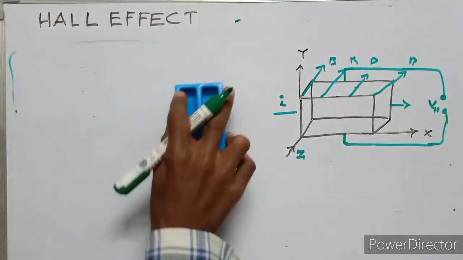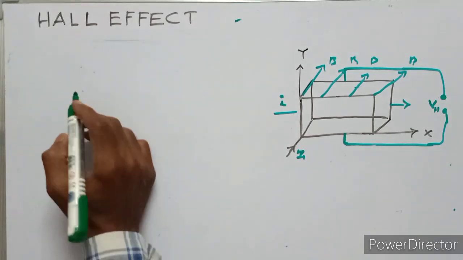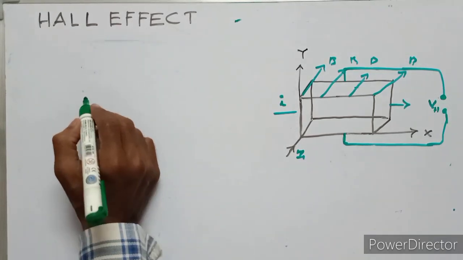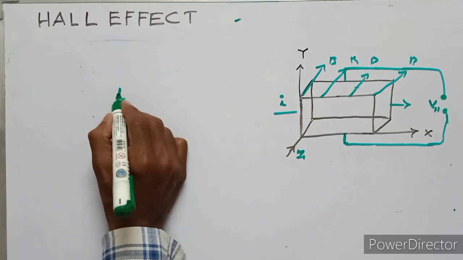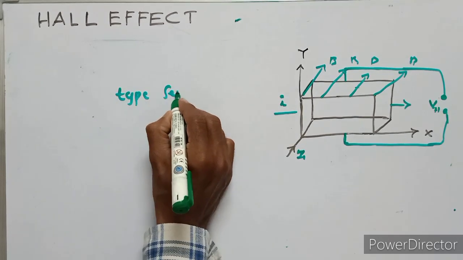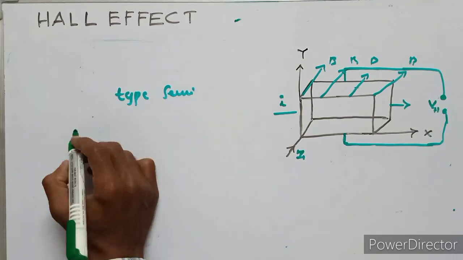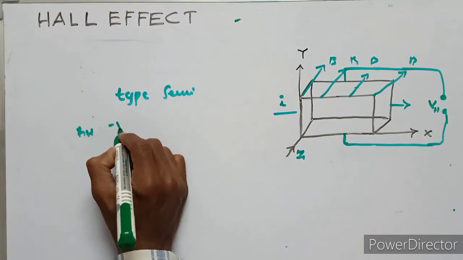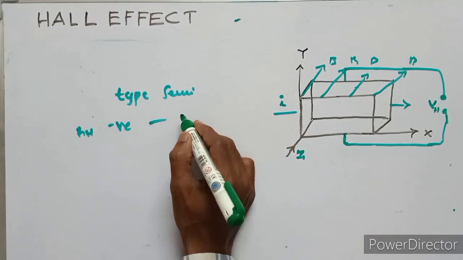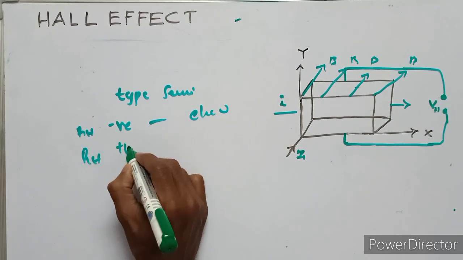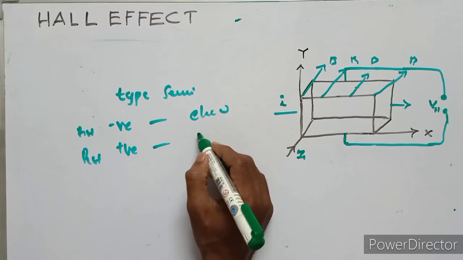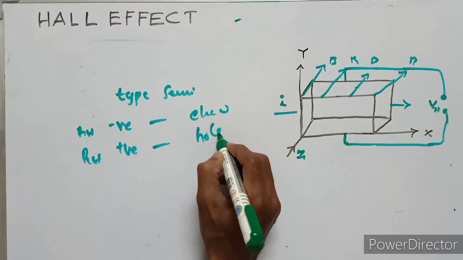The Hall effect is very useful to determine the type of semiconductor, because if the Hall coefficient is negative, then the charge carriers are electrons. If the Hall coefficient is positive, the charge carriers are holes.